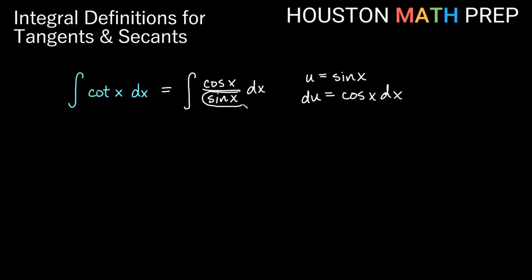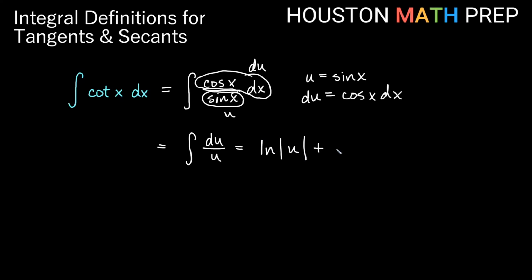So here for our u substitution, this becomes u, and this cosine x dx is exactly du, so there's no negative sign on this one. So we just get integral of du over u for this one. And we know that's the log rule, so we get ln of u plus c. And if we replace our u with sine x, then we get ln of sine of x plus c.